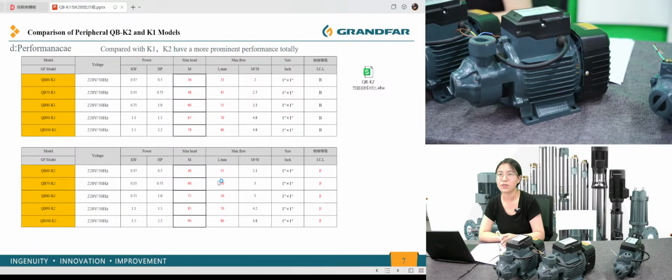The new product QB-K2, compared with the old product, has a big improvement in isolation class and in height and flow. That's the new product we designed.